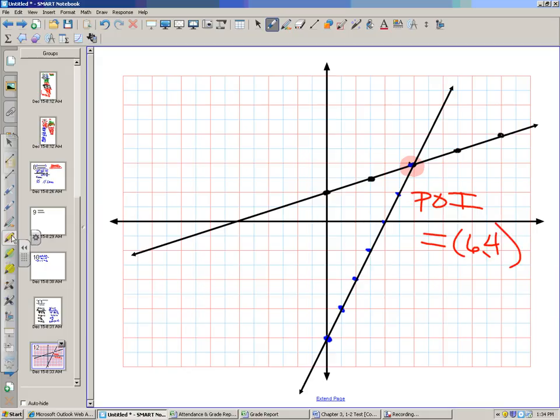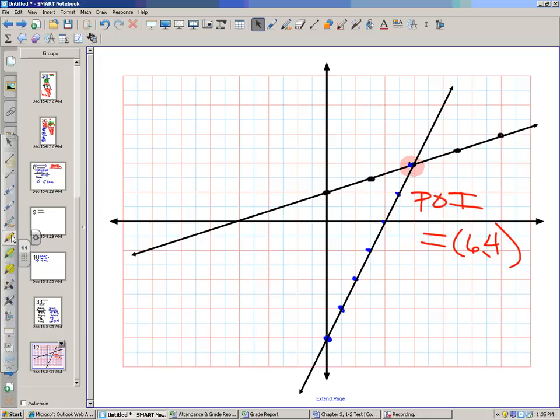Okay, so now we found our POI. So we found our slope, our y-intercept, we graphed them, we found our intersection point. Now I need to find the last question, which is: is it independent, dependent, or inconsistent? You're guessing. I know you're guessing because you're wrong.